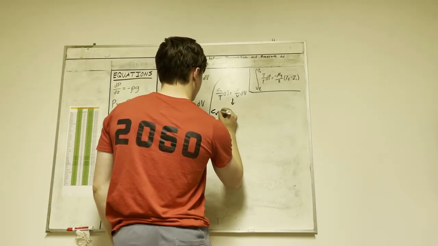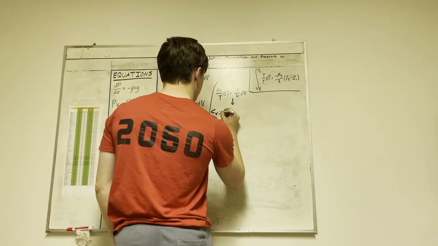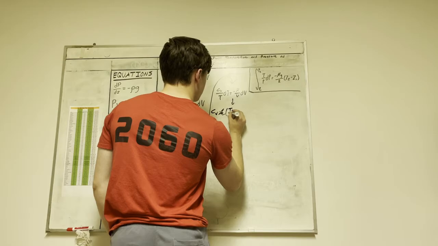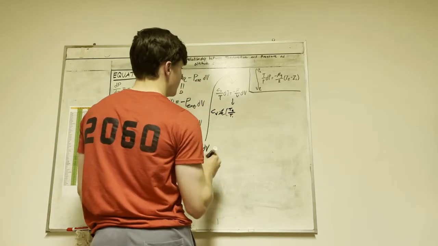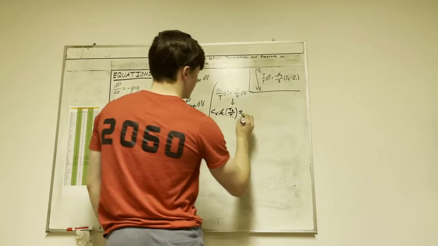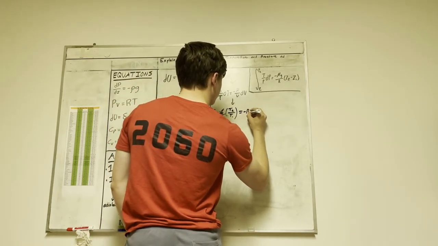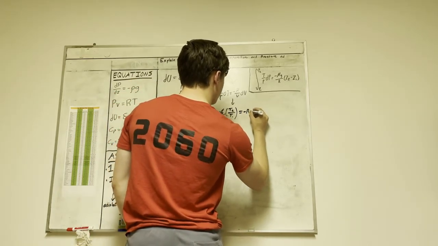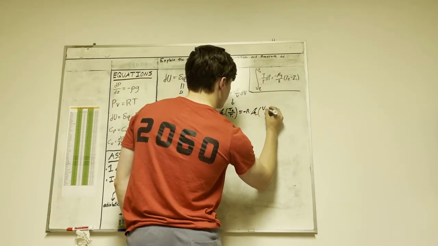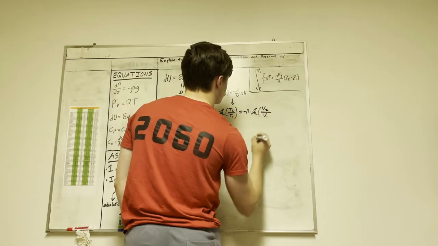CV times the natural log of T2 over T1 equals negative R times the natural log of volume 2 over volume 1.